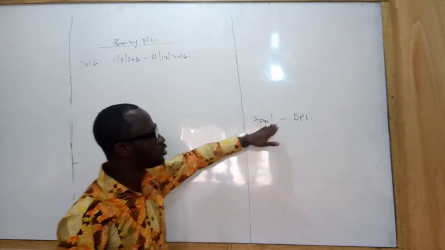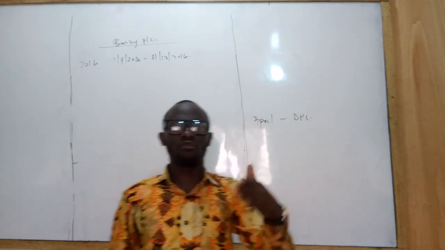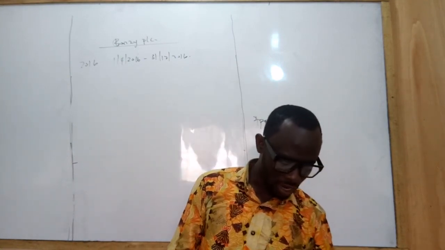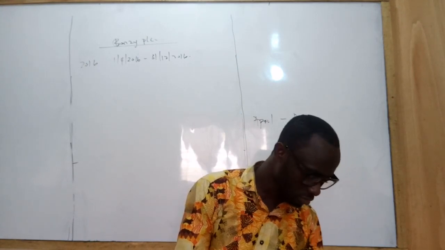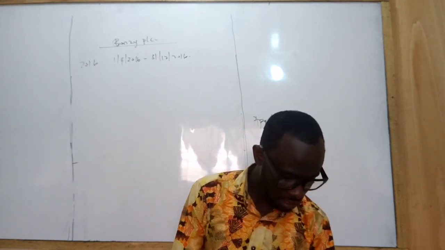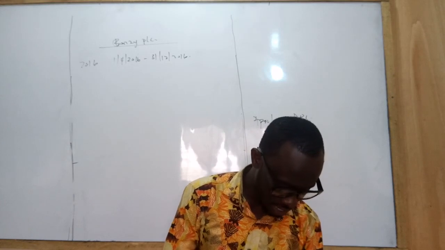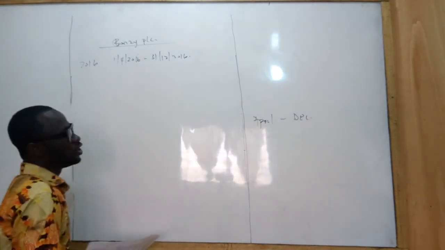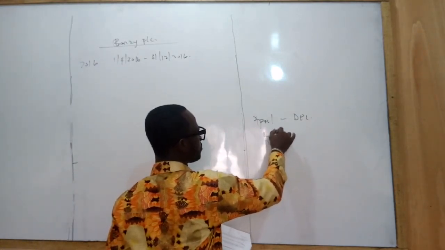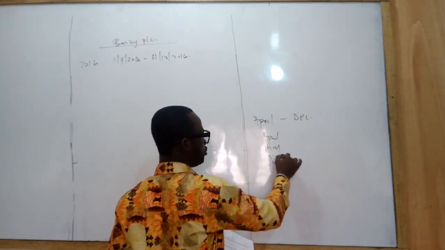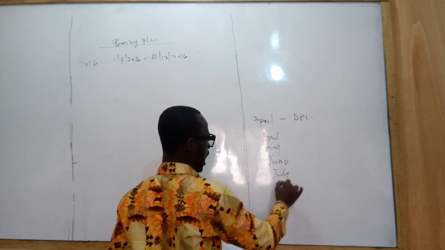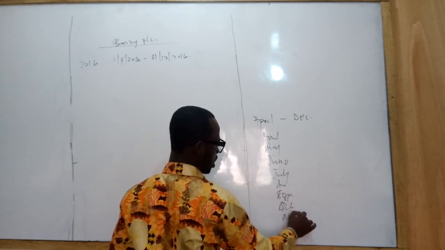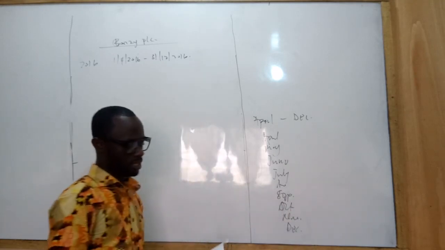From April to December, we need to calculate the number of days that were in there. So we look at April, May, June, July, August, September, October, November, December.